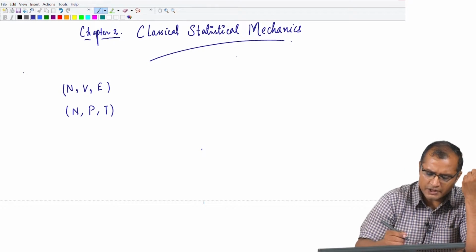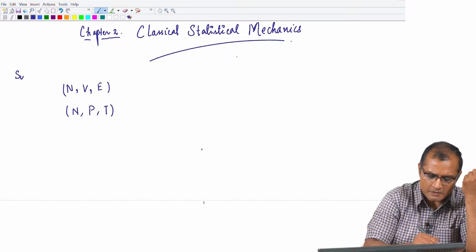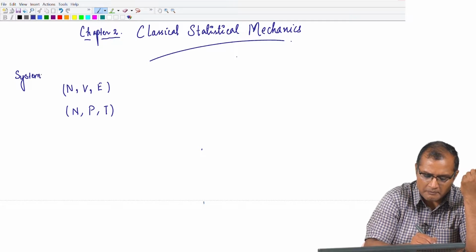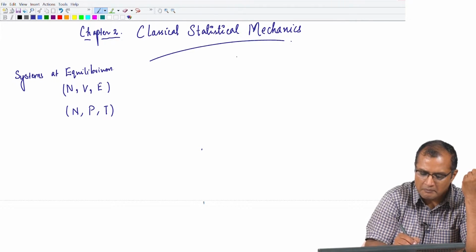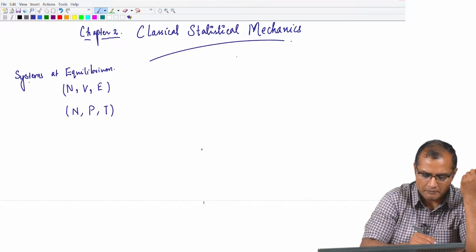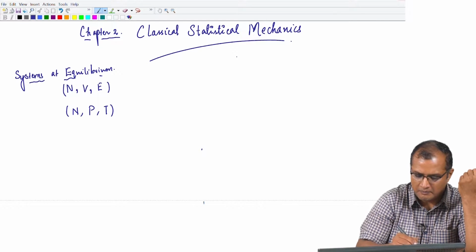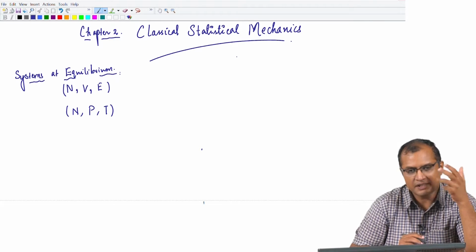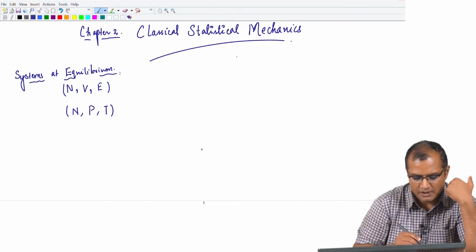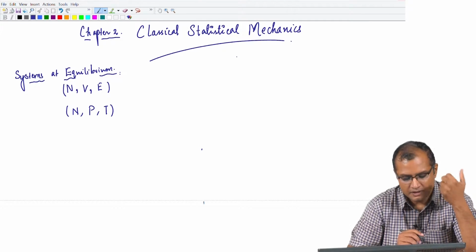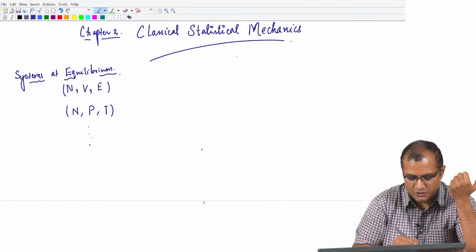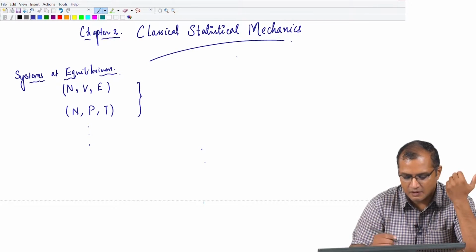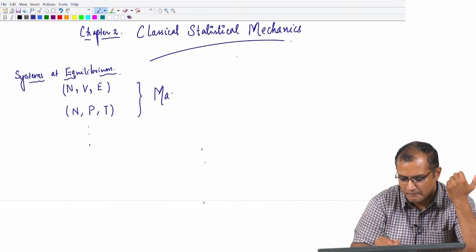So, we are dealing with systems at equilibrium, and we are asking questions about states of the system, which can be represented by combinations of these variables that I have written down. So, these states are called macro states.